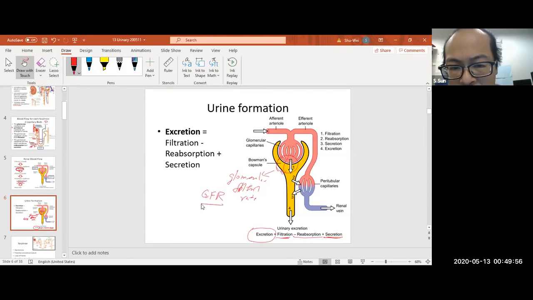So this GFR is one of the major functional quantities to define our kidney function, glomerular filtration rate, GFR.